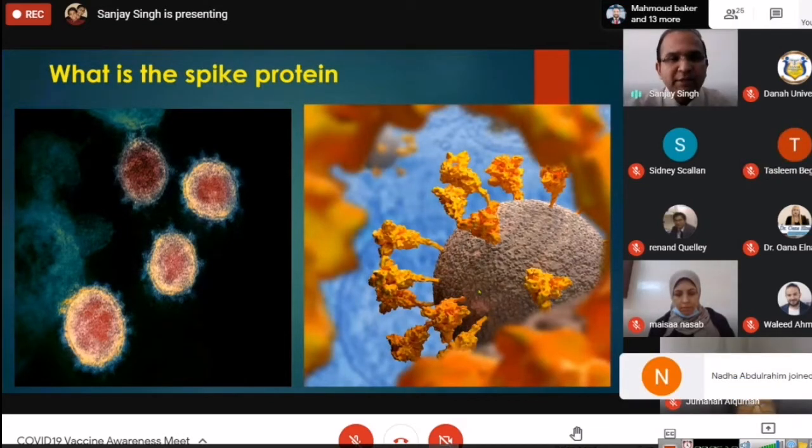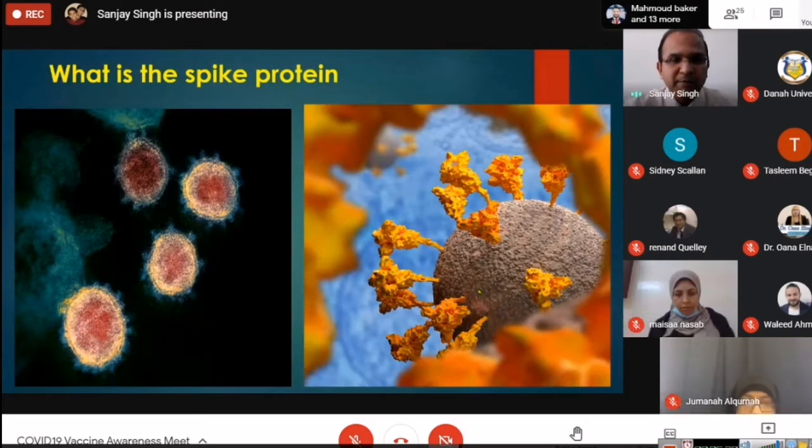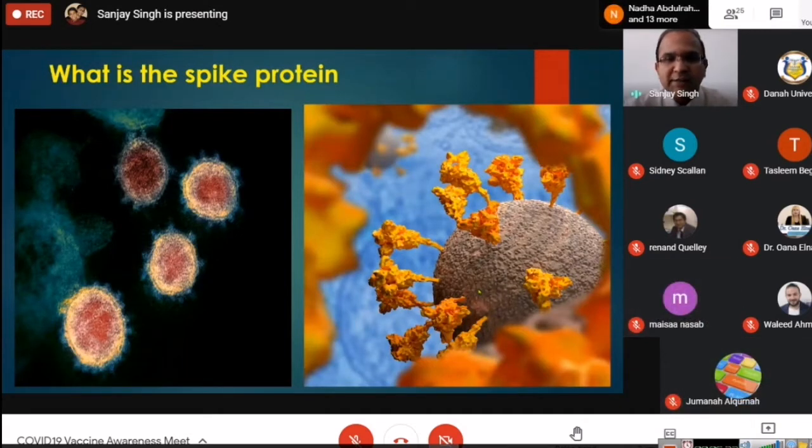The image on the left is the real picture of the coronavirus, and on the right is a representation. You can see the spike proteins coming out of the membrane, and that helps it attach to the human cell.